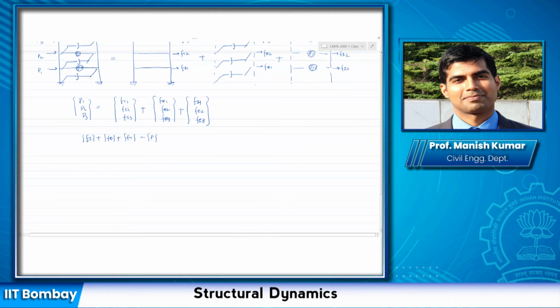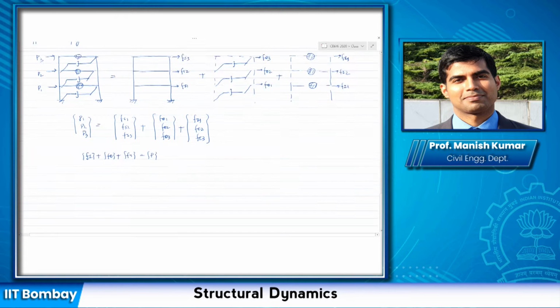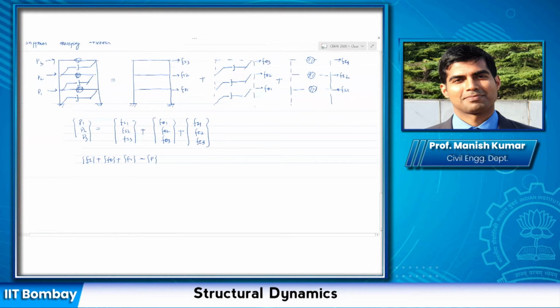And these vectors are of course related to the matrices, like the inertial force vector is the mass matrix times the acceleration vector and so on. So this is a useful representation when we dissociate the system in terms of only the stiffness component, only the damping component, and only the inertial component. And we'll see why that is useful.